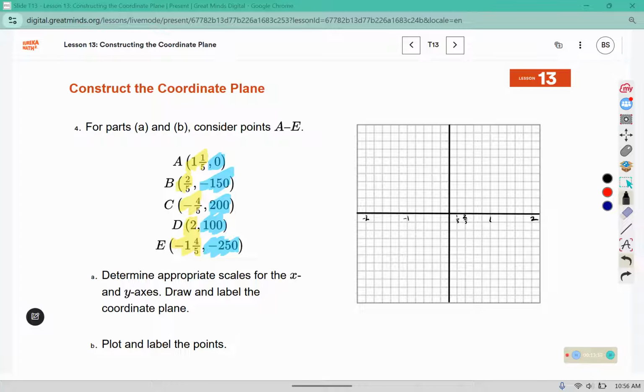Then for the y-axis, we are counting by 50s. So we need to count by 50s going in the negative direction also.